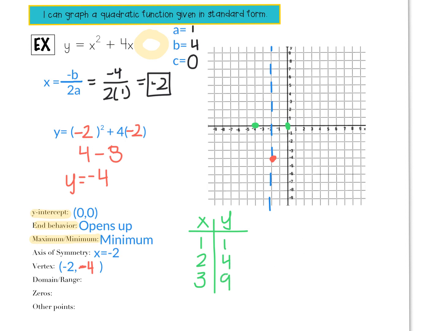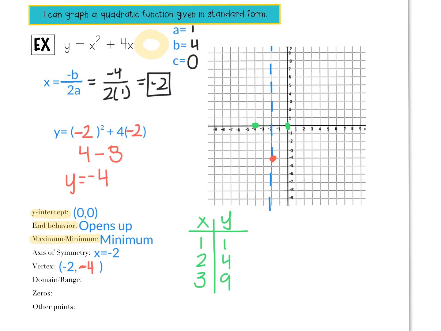So what this is going to do is allow us to use the vertex and apply these ideas as movements in order to graph the function a lot quicker. Because technically, I could go over and say, okay, I know the value when x is -2, and I know the value when x is 0. What's the value when x is -1? And I could plug -1 into the function and calculate it. But this is going to save you a lot of time. So when I have a movement of 1 to the left or right, my y movement is going to go up 1.